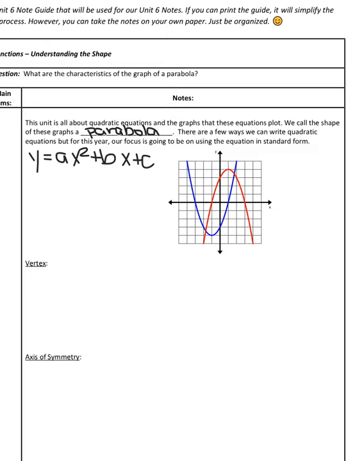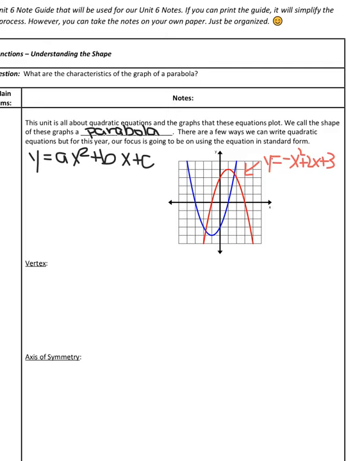So here we have a couple of parabolas. I'm going to tell you the equations of these just so you have it as a reference here. So this red parabola is y equals negative x squared plus 2x plus 3.